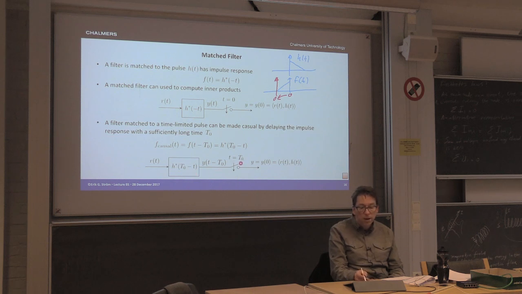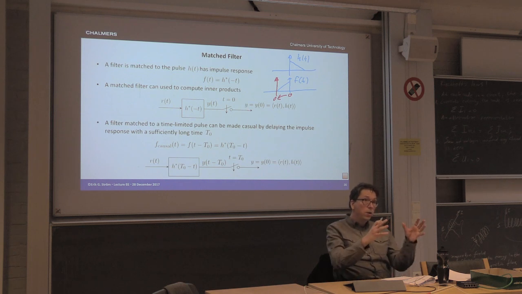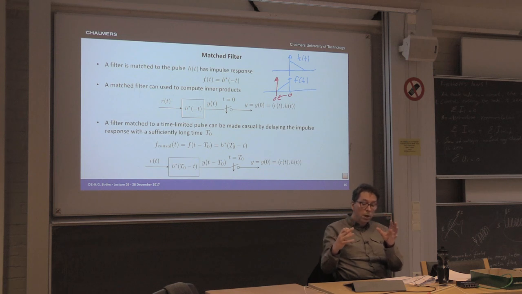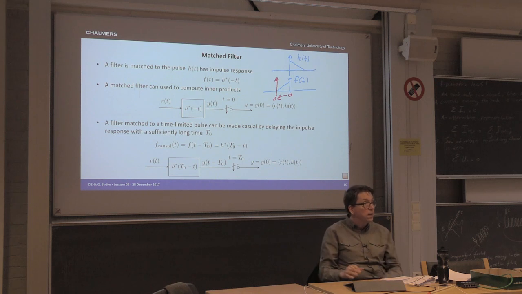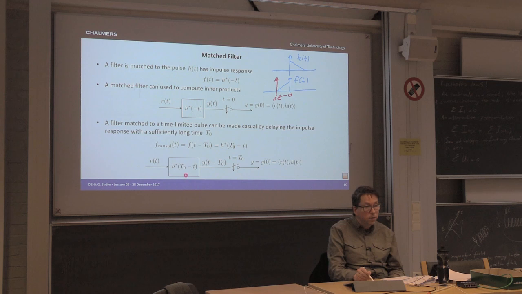And if we sample that at time not 0, but at that delay, t0, we get the same output y as we did up here. So we can just simply delay the impulse response, and then if we sample at a little bit later time, we get exactly the same result. The difference between this filter and this filter is that this one is causal and therefore physically implementable.